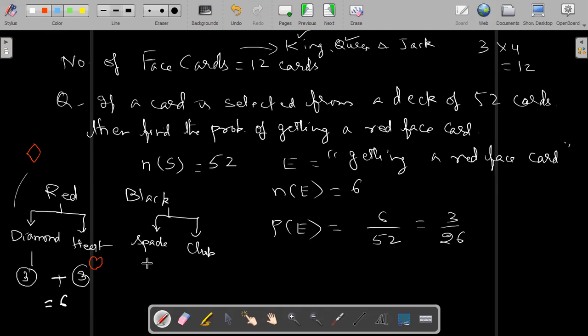Spade is like this, one figure like this. Club is a tree like shape. So these are black color and these are red color cards. Okay.